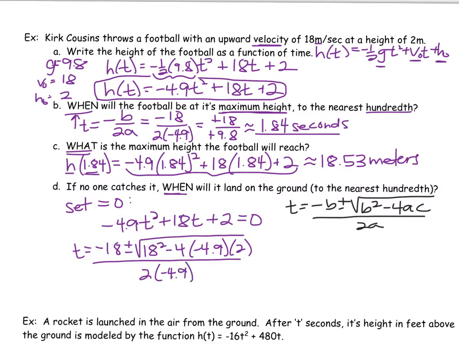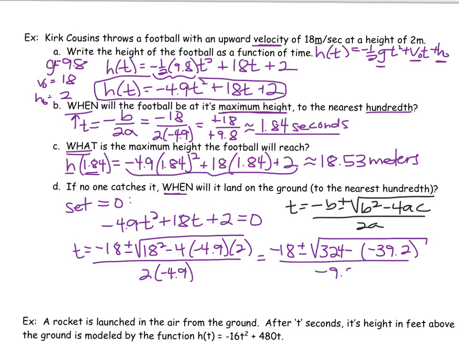And again, a calculator is going to be super helpful on this. We have negative 18 plus or minus 18 squared is 324, minus 4 times negative 4.9 times 2, which is negative 39.2, all over 2 times a, so negative 9.8.